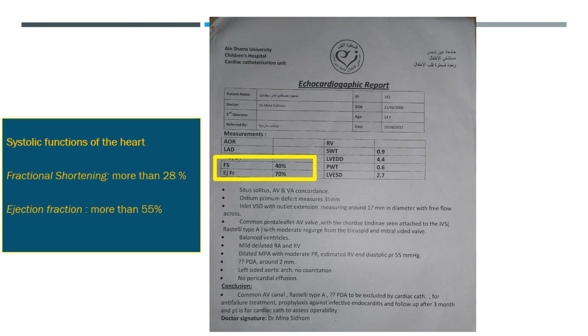In all echocardiographic reports, you will find the fractional shortening, the FS, which reflects the systolic function, should be exceeding 28%. Also, the ejection fraction reflects the systolic function and should be ideally more than 55%.